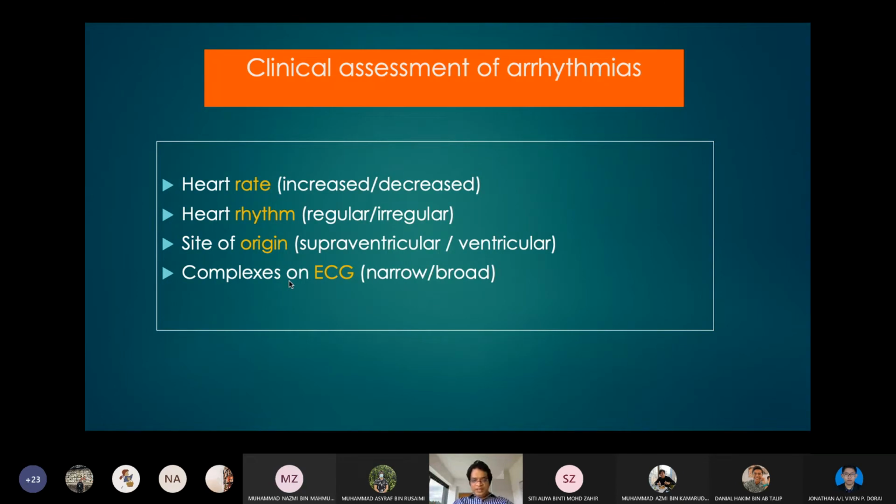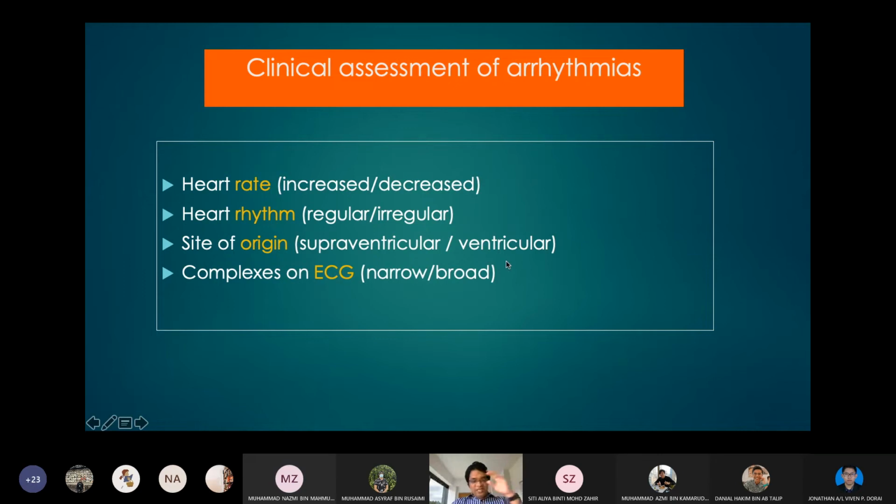But origin and prolongation, we have to see the ECG. So, can you diagnose arrhythmia without seeing an ECG? Is it possible? So, we need to do an ECG to see the origin of this abnormality.